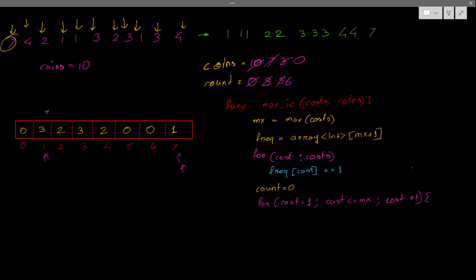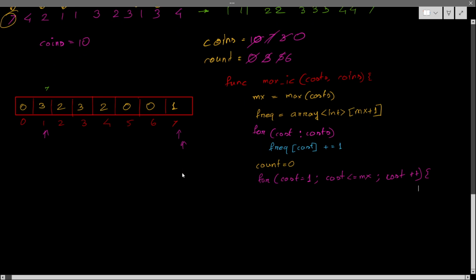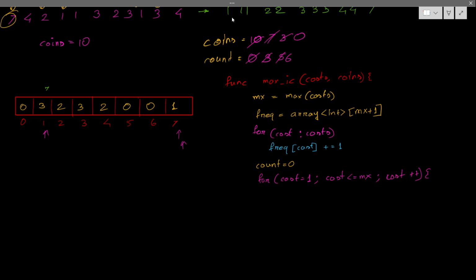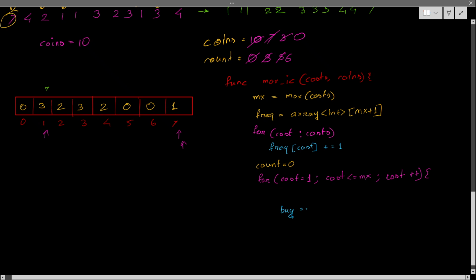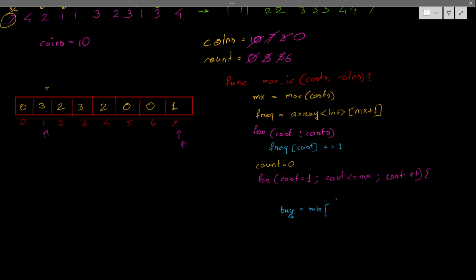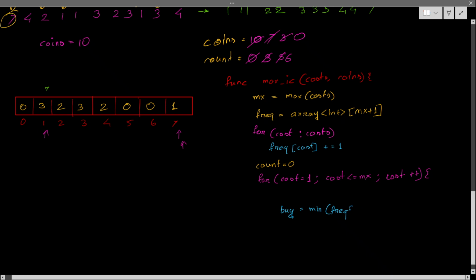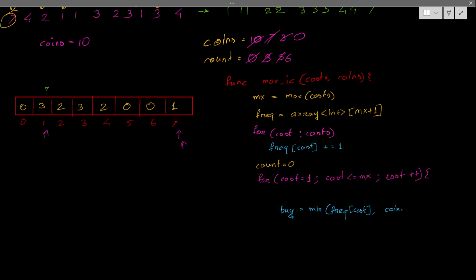There are two cases. What if my cost is actually 0? If cost is 0, what is the formula to buy one candy? The candy buy formula is the minimum of frequency of this cost, comma, remaining coins divided by current cost.